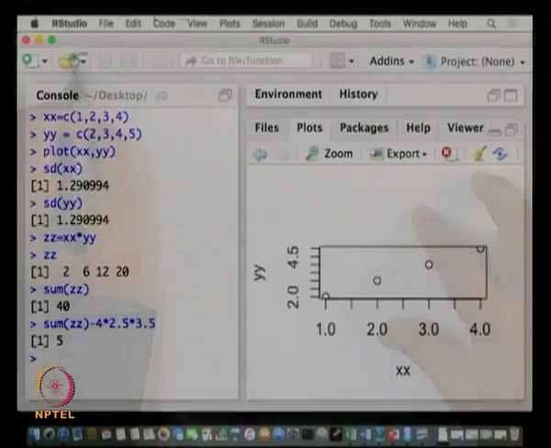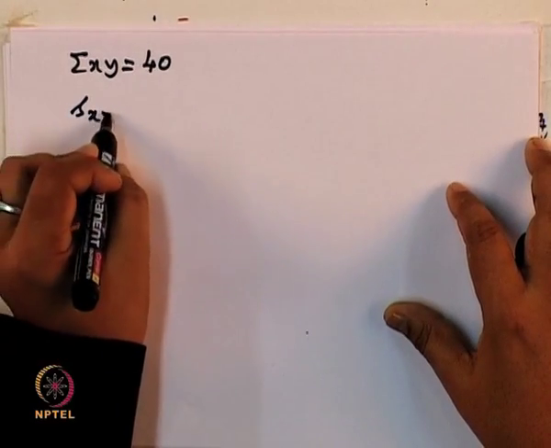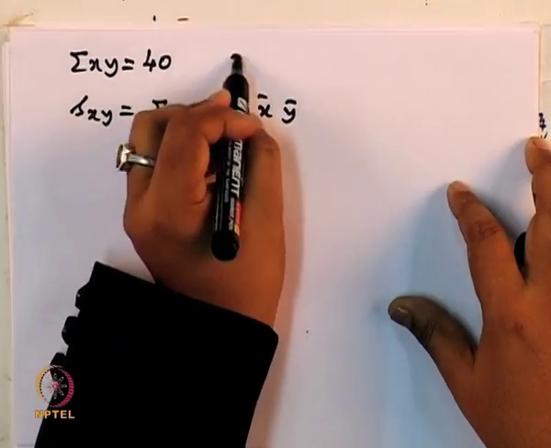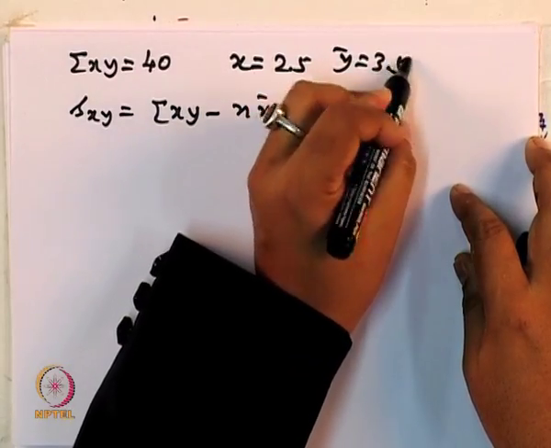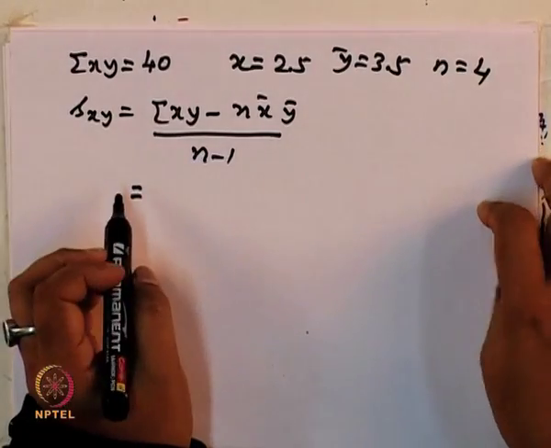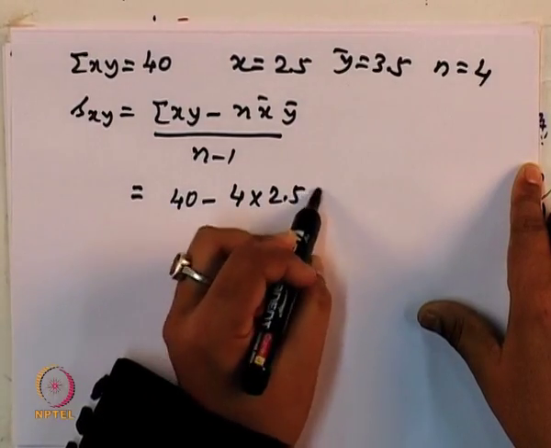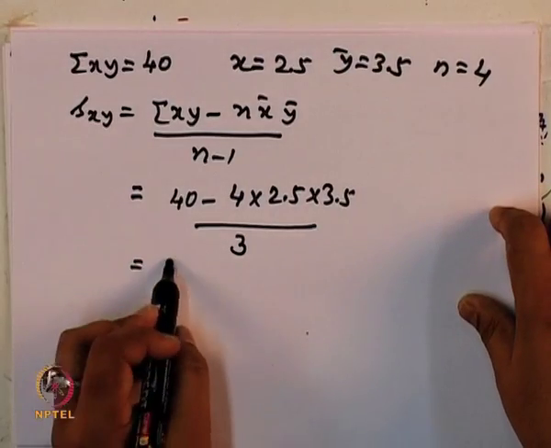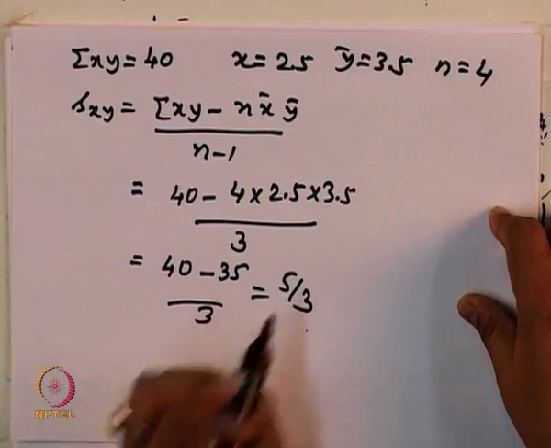I got summation xy equal to 40. Sxy is equal to summation xy minus n x bar y bar. I have calculated x bar equal to 2.5, y bar equal to 3.5, n equal to 4. So, Sxy is equal to 40 minus 4 into 2.5 into 3.5, divided by n minus 1, which is 3, equal to (40 minus 35) by 3, equal to 5 by 3.